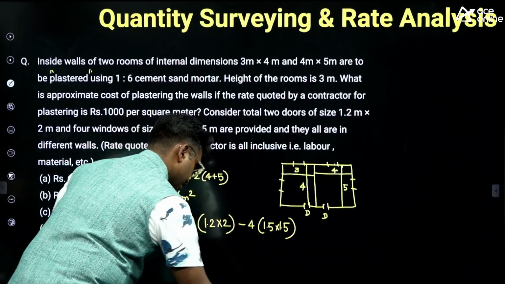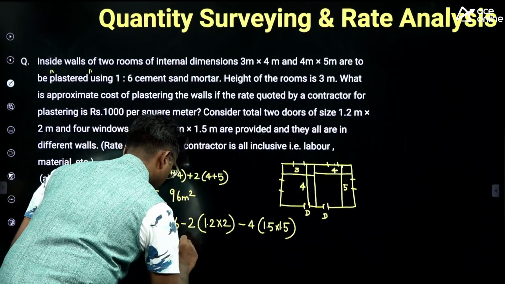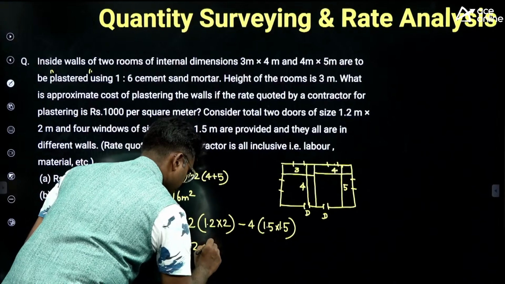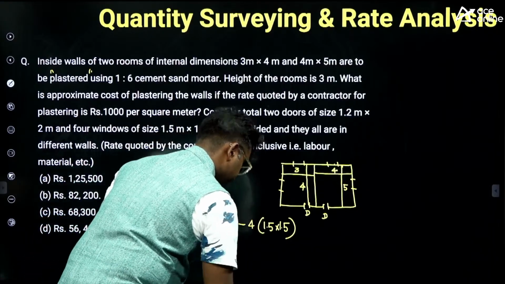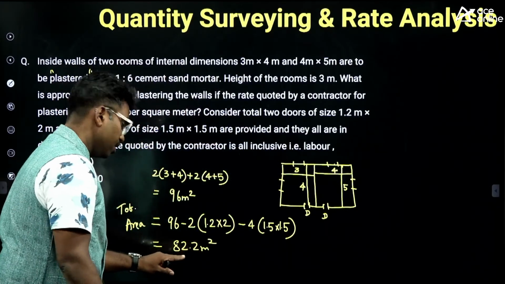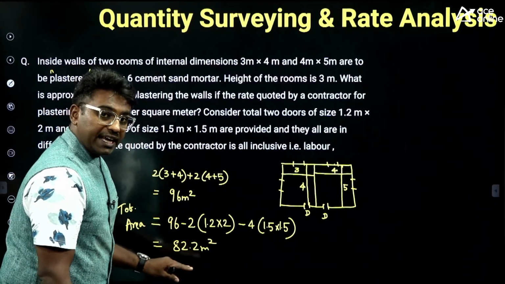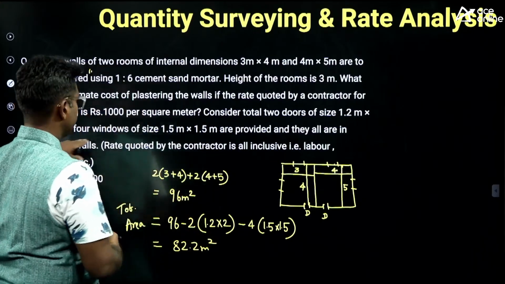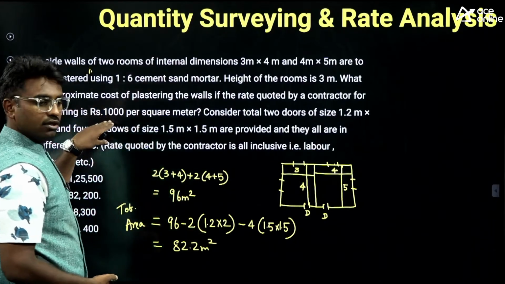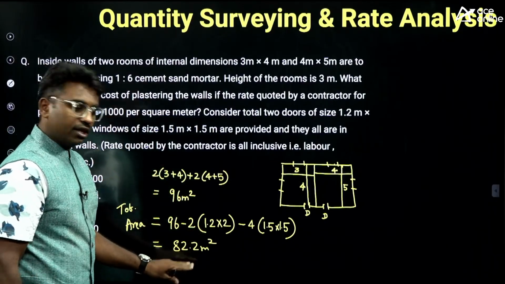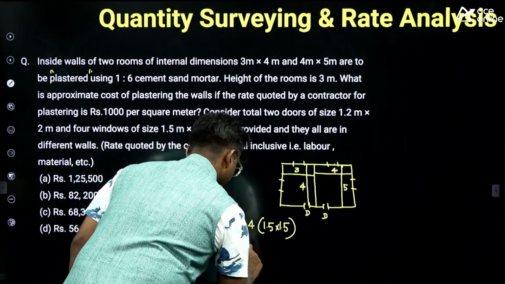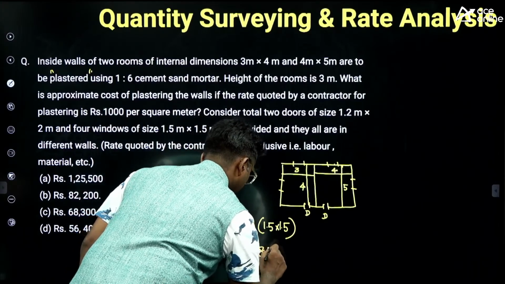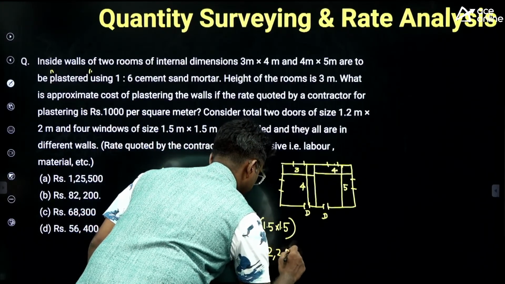If we calculate, the answer would be 82.2 meters square. This is a total area. Okay, total area. Now we have the cost over here. How much? 1,000 rupees into this one, which gives you a sum of 82,200.